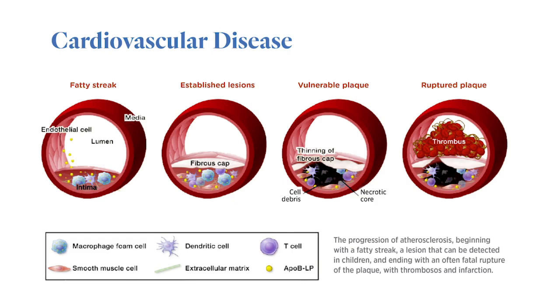There are important environmental components to this disease, such as diets high in saturated fats and cholesterol, smoking, or high blood pressure. However, there are also important genetic risk factors involved in the development of atherosclerosis. For example, the ability of cells to self-renew declines with age, and this is something we will talk about in more detail when we discuss stem cells and senescence.